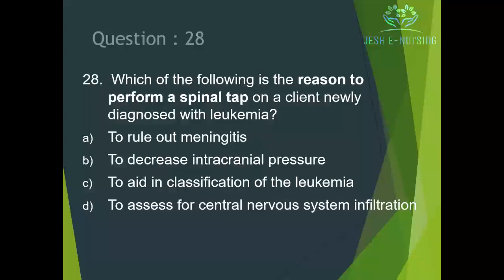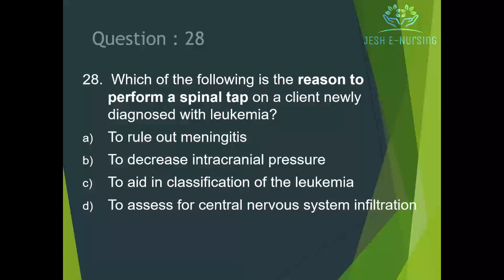Question number 28. Which of the following is the reason to perform a spinal tap on a client newly diagnosed with leukemia? Once the client is diagnosed with leukemia, we need to identify the stage, and also whether it is involved in the central nervous system.